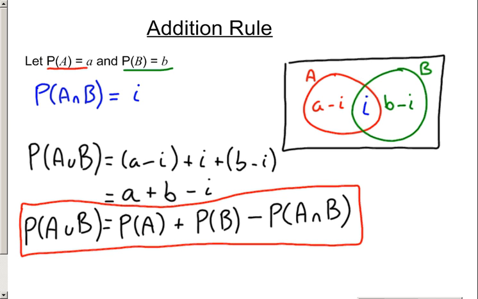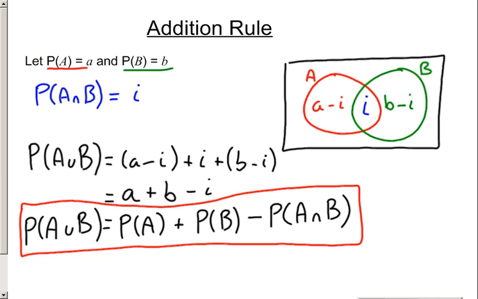The probability of A or B is equal to the probability of A plus the probability of B minus the probability of them both happening. The reason we have to take away the probability of them both happening is that it is included in A and in B, so it's included twice, and we have to get rid of it.